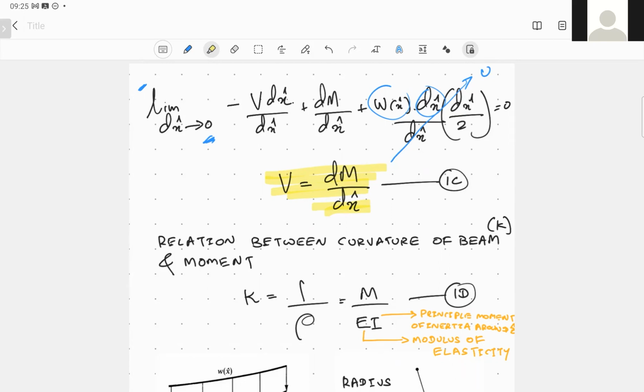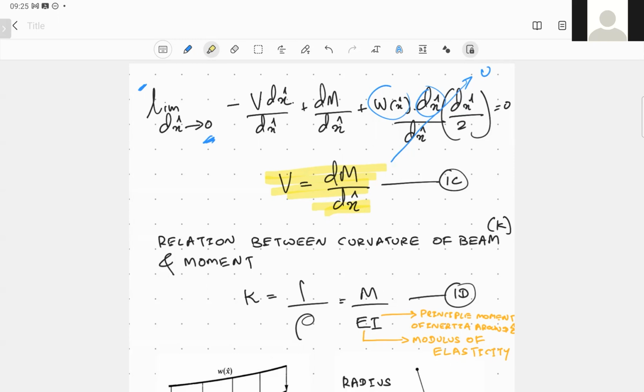What I'm trying to say is these things will not be tested in the exams, but they are really essential when you're analyzing engineering problems as engineers, because you really know the concept of how these theories have been derived, and what is the basis of deriving the element stiffness matrices for a beam element.